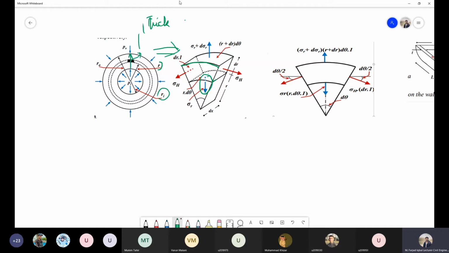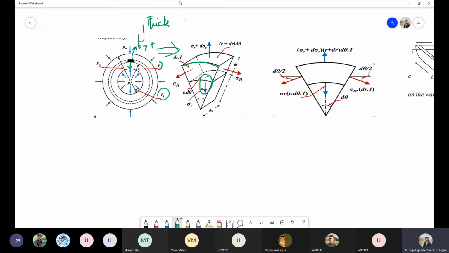Now that radial stress is also denoted by sigma r, and if sigma r is acting on this internal surface, then obviously on the external surface, the stress will have a different magnitude, maybe an increase or decrease depending on the sign conventions or the direction of the external and internal pressure.